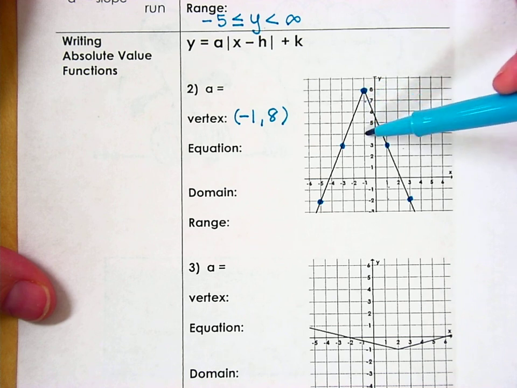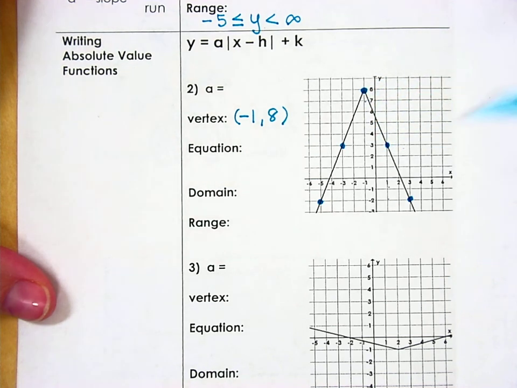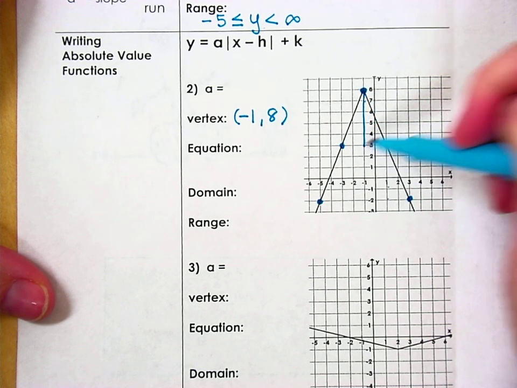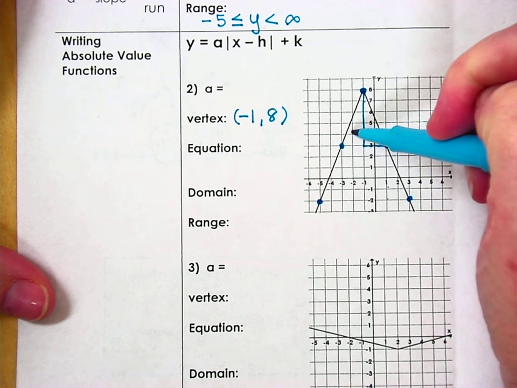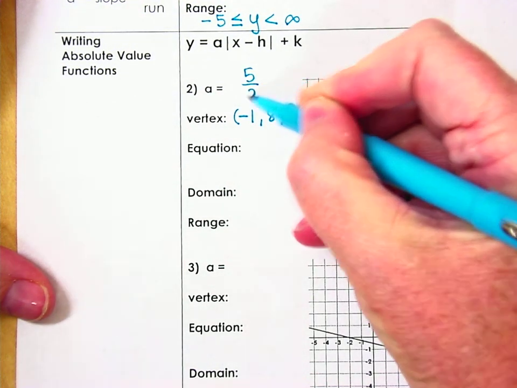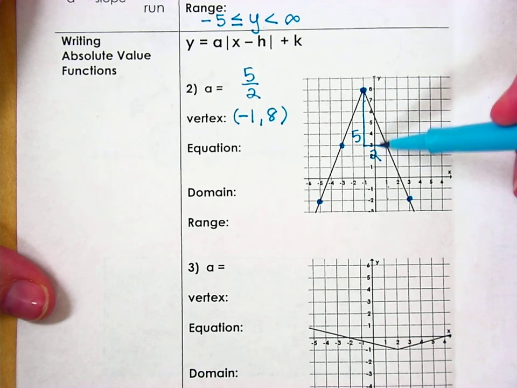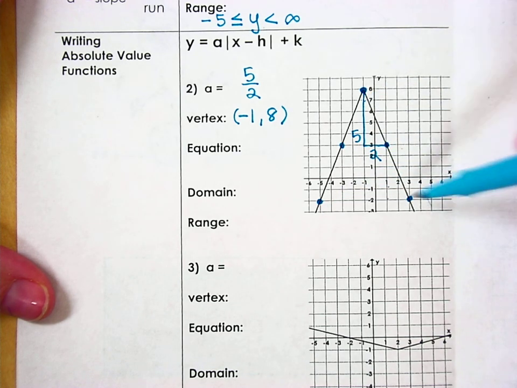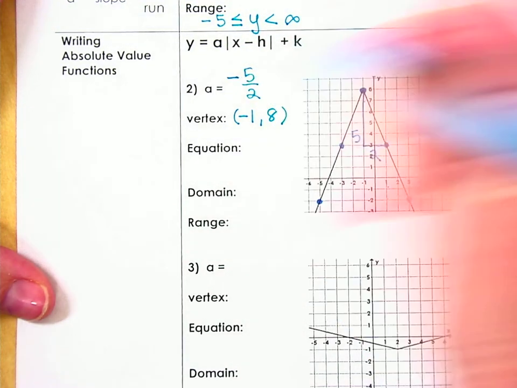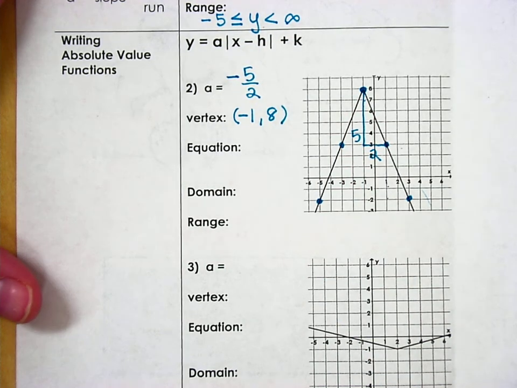Okay, so the A value is going to be rise over run, so down 5 and over 2. And then it is going to be negative because the graph, the absolute value function, is opening down. So that is going to be a negative A value.